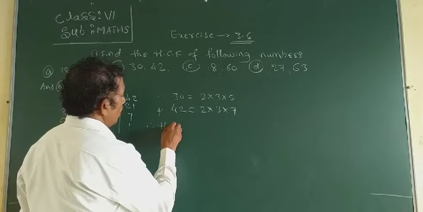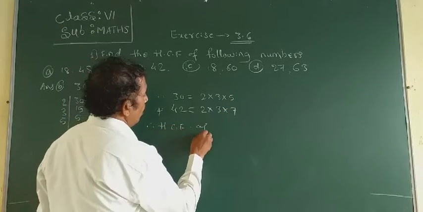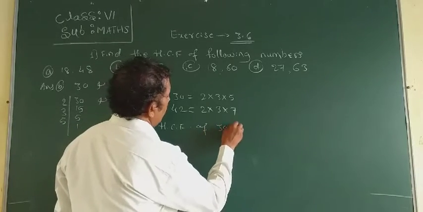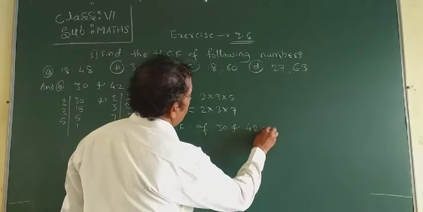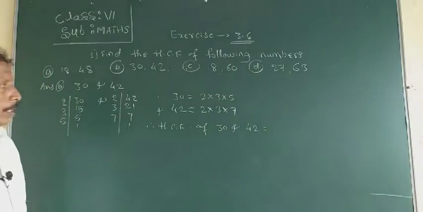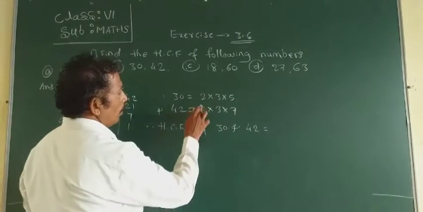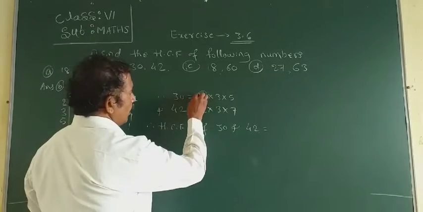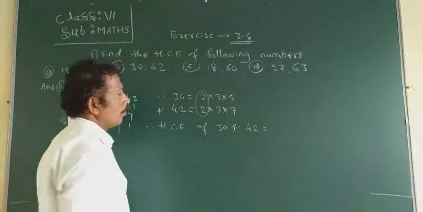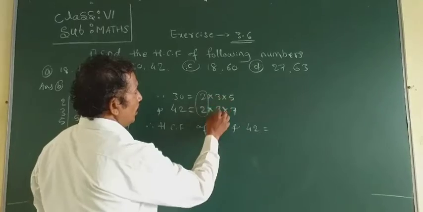Therefore, HCF of 30 and 42 is equal to: circle the numbers which are common. 2 is common in both the factorizations. Circle number 2. Then 3 is common.